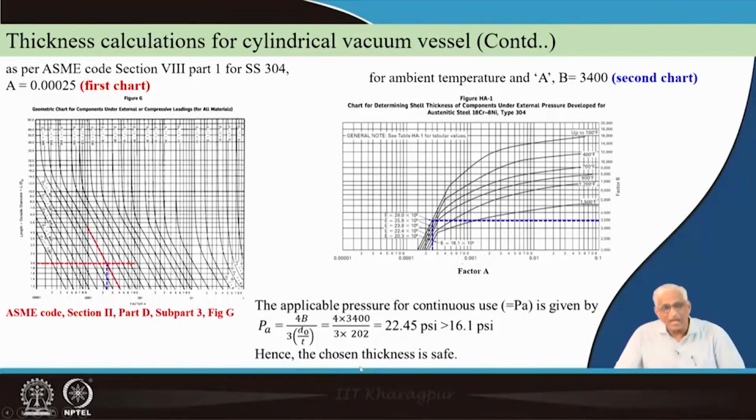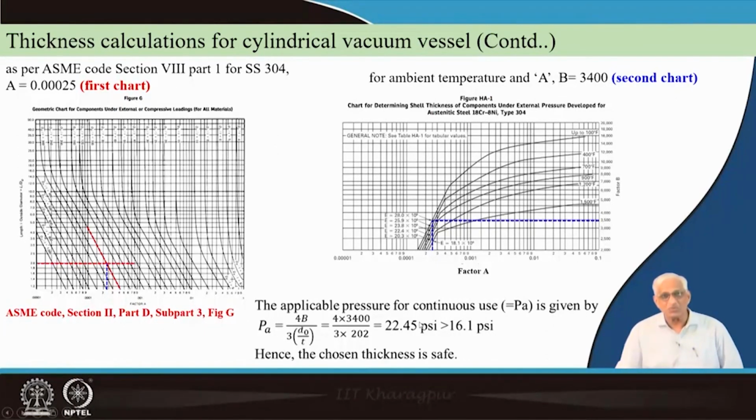So, the allowed external pressure difference, okay, or just only pressure, because anyway it is vacuum inside, pressure difference is same as absolute pressure. So, that is nothing but 4 times the parameter that we got B divided by 3 times the d naught by t, which we already know.